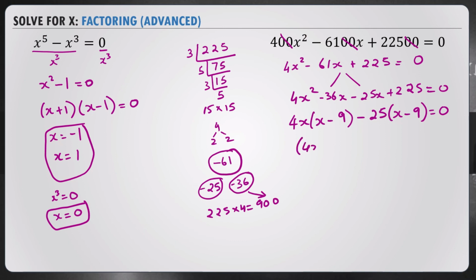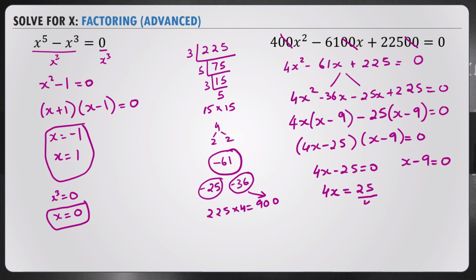And we have 4x minus 25 into x minus 9 is equal to 0. The two solutions are 4x minus 25 is equal to 0 and x minus 9 is equal to 0. These are two solutions, and we are left with 4x is equal to 25, so x is equal to 25 over 4. That's one solution, and x is equal to 9, the other solution.